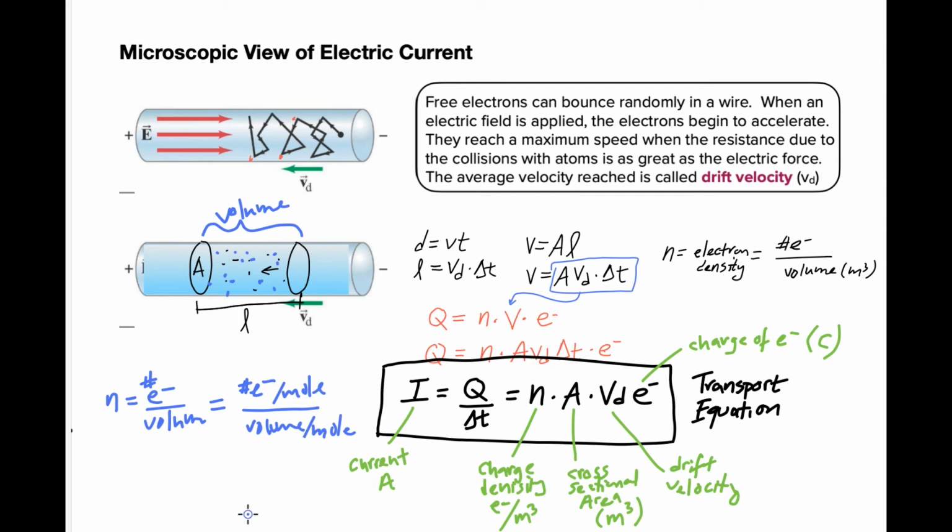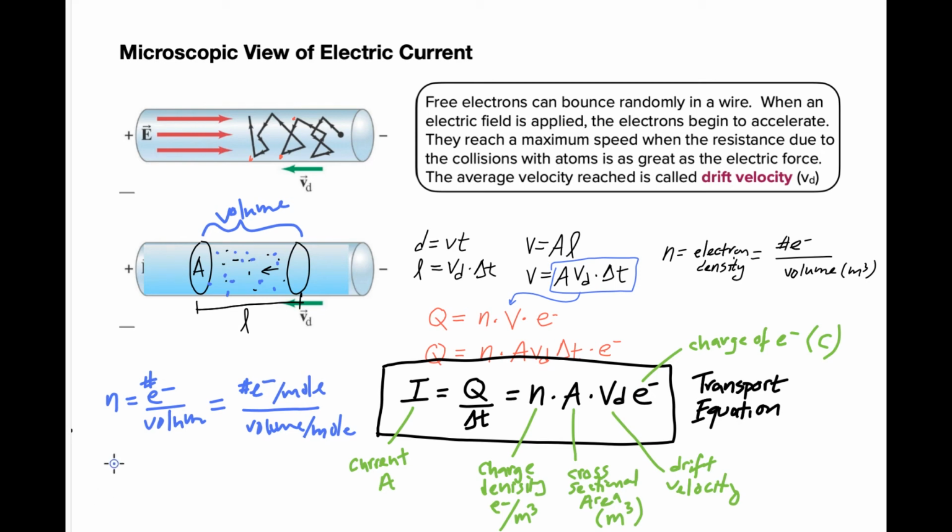So if we did this for a different sample size, if we thought we had a mole of wire, then maybe we can get into finding this electron density a little bit easier.